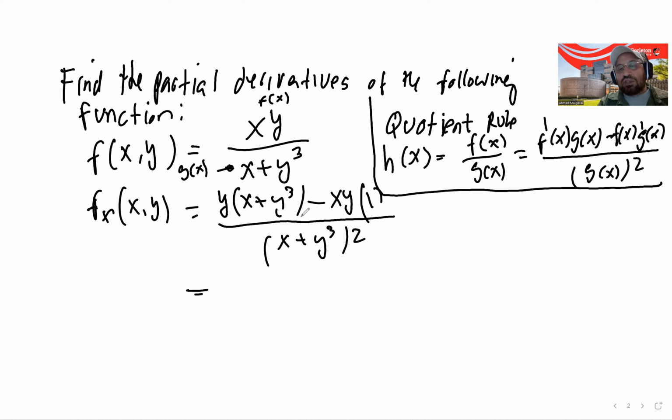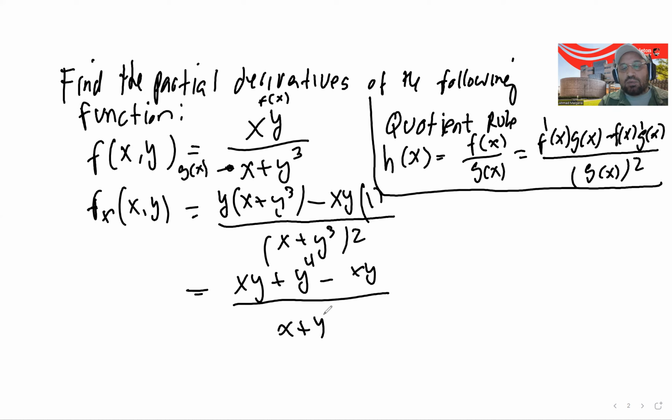Now it's a matter of simplifying. You have xy, you just simplify this, multiplying, and then plus y to the power of 4, and minus xy, and the whole thing divided by x plus y to the power of 3, all squared.